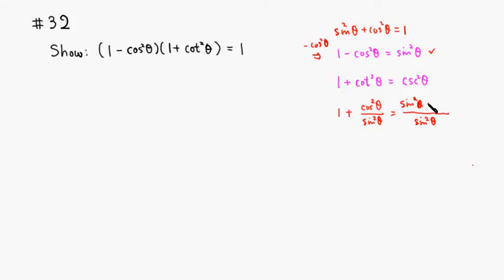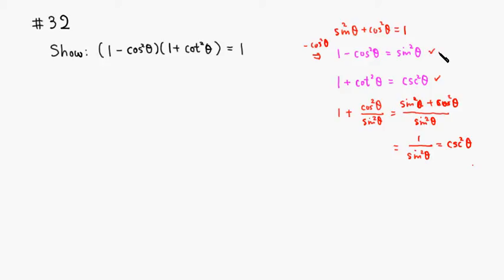So then plus you have cosine squared of theta. Alright, then from this identity, the numerator is just going to be 1. So it's 1 over sine squared of theta. Alright, reciprocal of sine is cosecant, so we get cosecant squared of theta. Right? So that's why we have this identity.